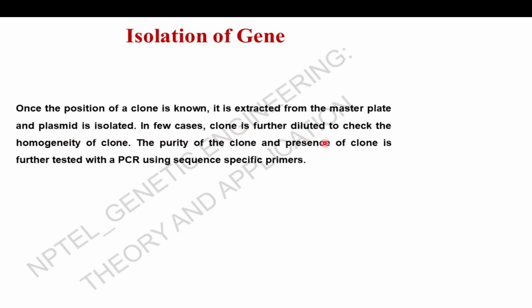The clone is further diluted to check its homogeneity; it can be diluted and plated again also. The purity and presence of the clone is further tested with a PCR, polymerase chain reaction, using sequence specific primers. We will be coming to it in a very short while.